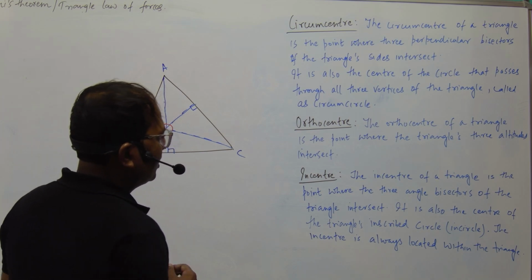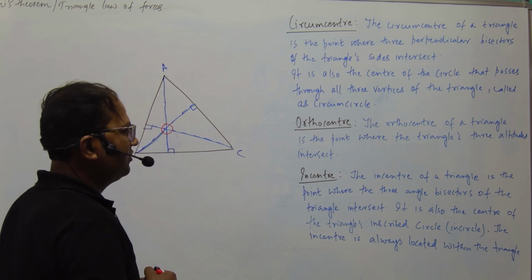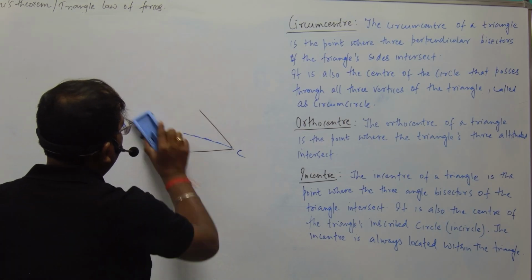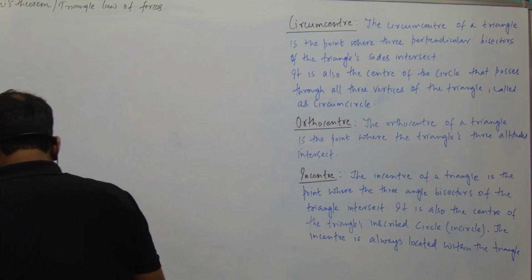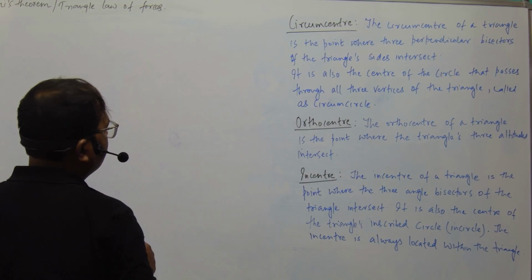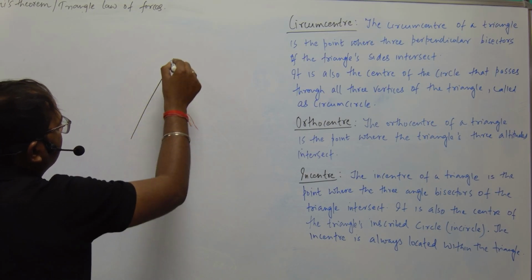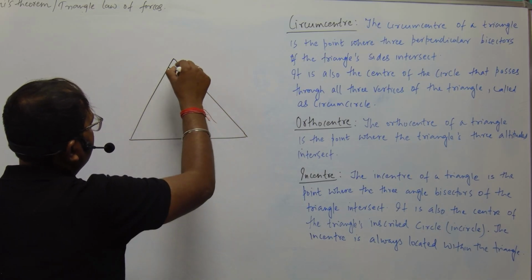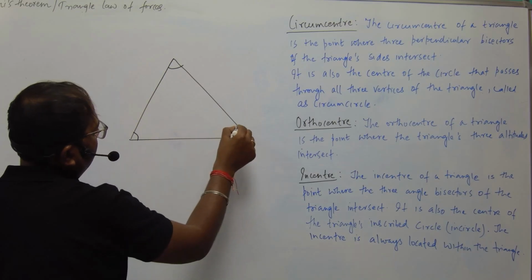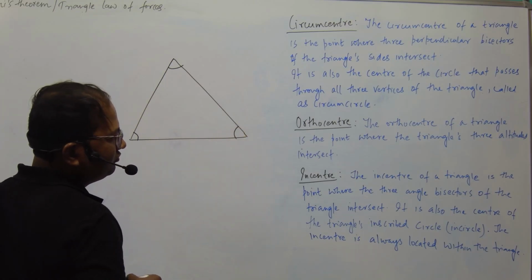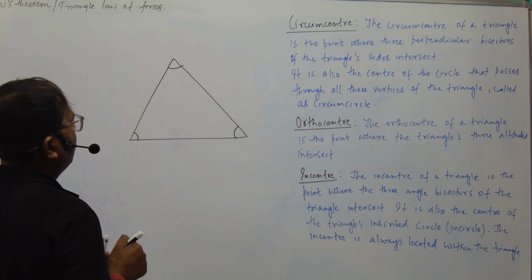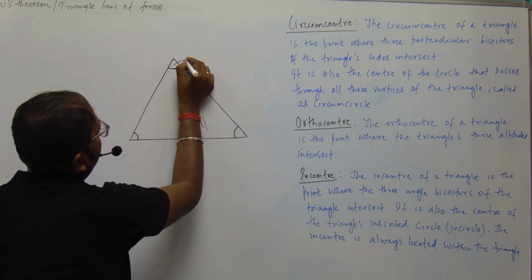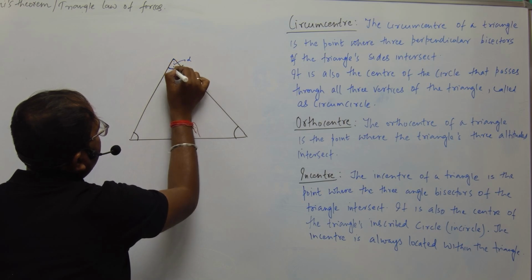Let us discuss the incenter. The incenter of a triangle is the point where the three angle bisectors of a triangle intersect. Let us draw the angle bisector. We have a triangle like this. Let us consider this angle as alpha and draw the angle bisector like this.